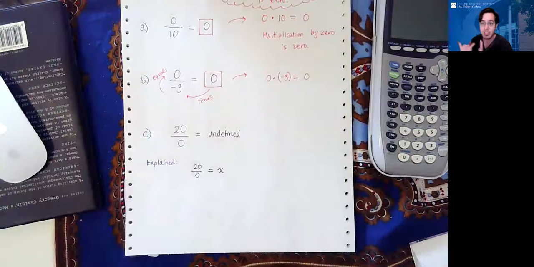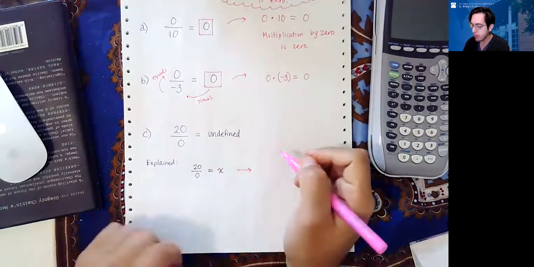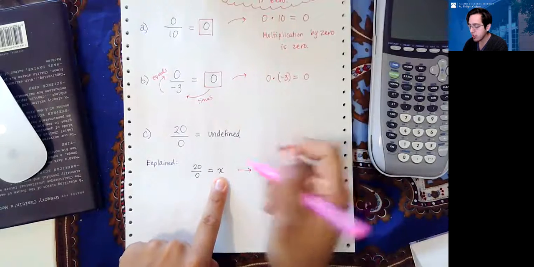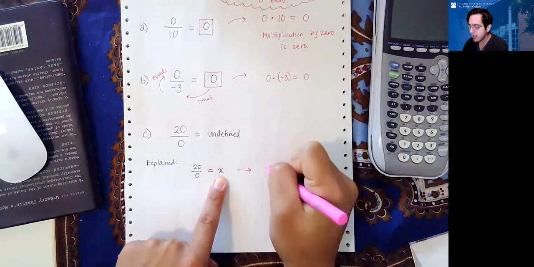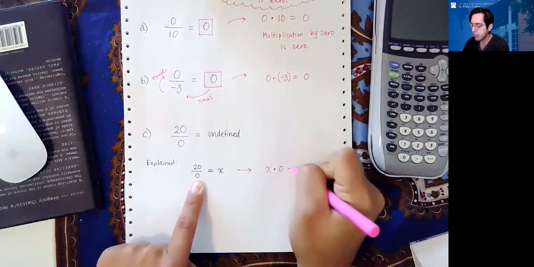I don't know what that number is, but let's say that there is an answer for it, and we'll just call it x. If I have that, then that implies we can think about it as multiplication, that this number x times 0 is equal to 20.